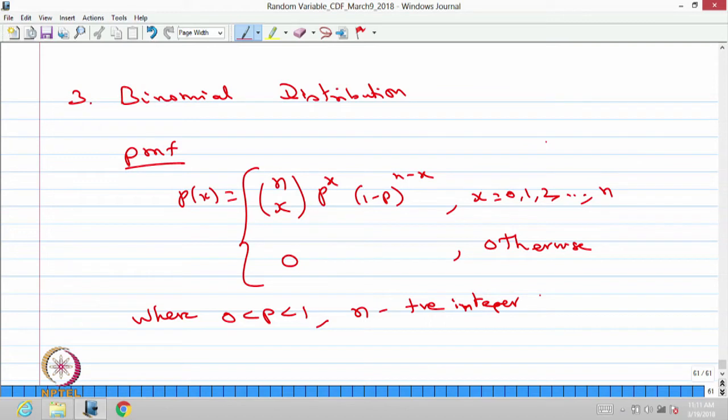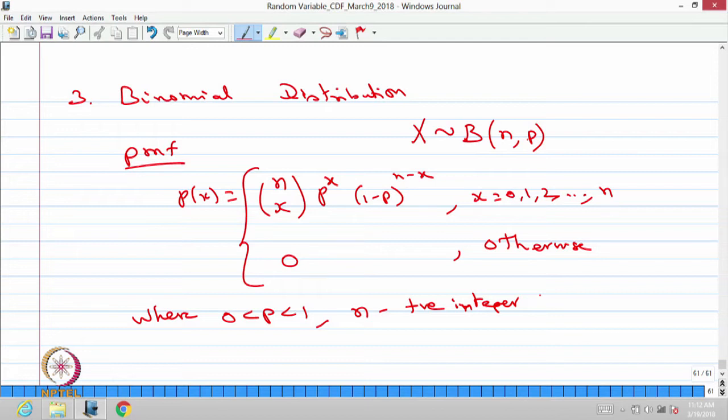So, we usually write the notation x follows, this tilde means follows, capital B, that means for the binomial distribution, and here the parameters are n and p, therefore, n comma p. So, whenever we write x tilde capital B within bracket n comma p, that means the random variable x follows binomial distribution with the parameters n and p.